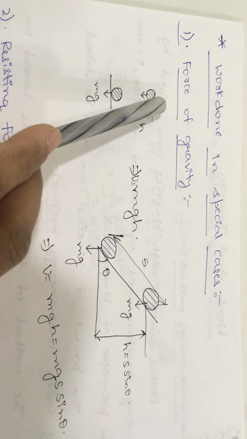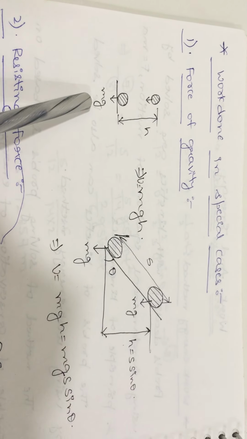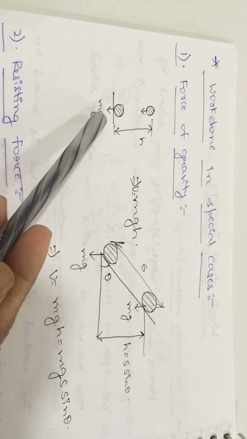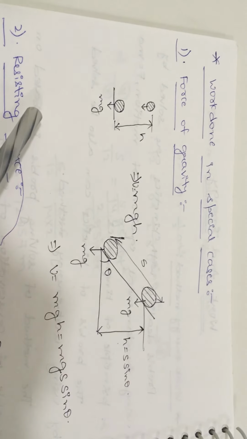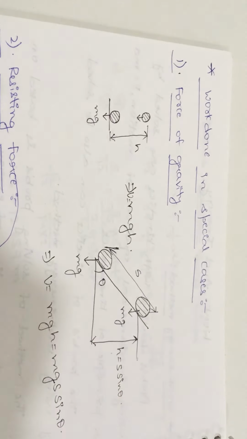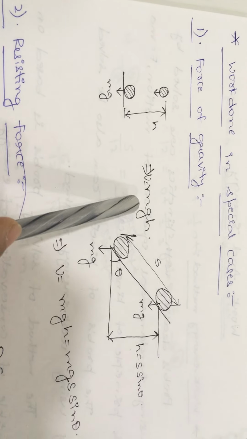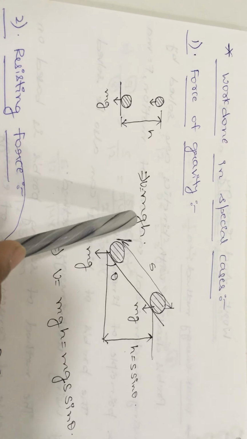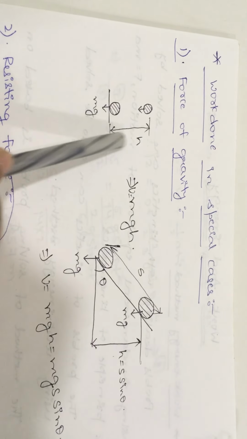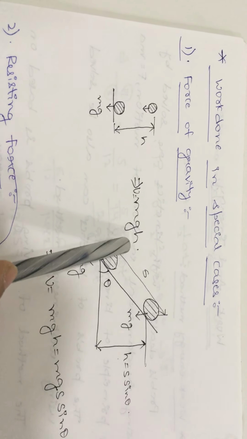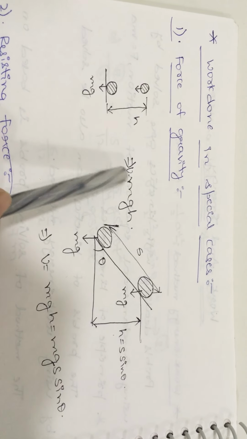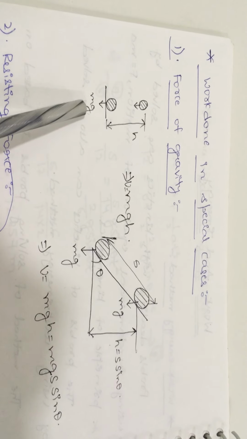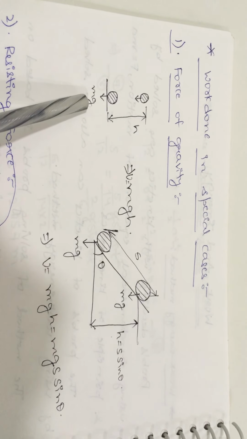Here the force is acting along the vertical direction, because we all know that weight force will always act in the downward direction, that is along the vertical direction only. So in place of the force F you will get mg, that is the weight value. So mg into the parallel displacement for this force, which is the h value. So you will get the work done formula based on the gravitational force, the weight force.